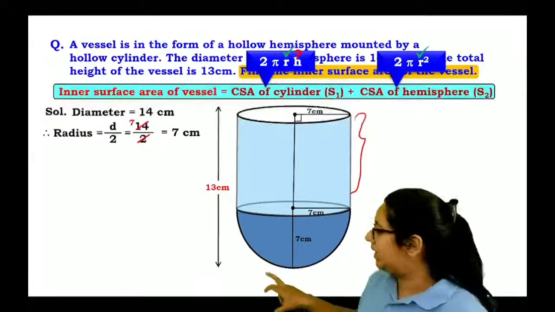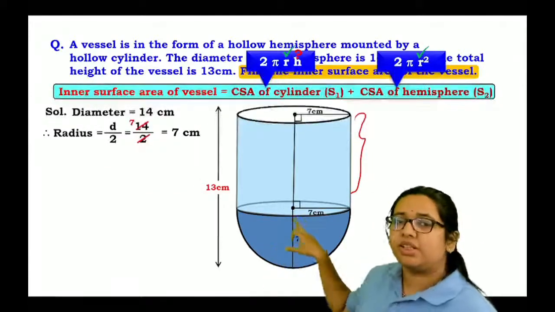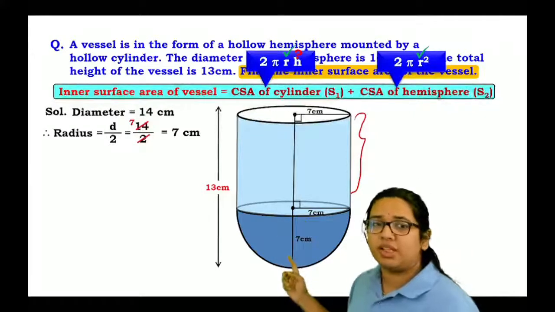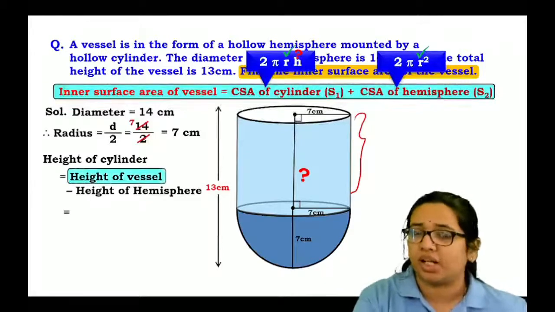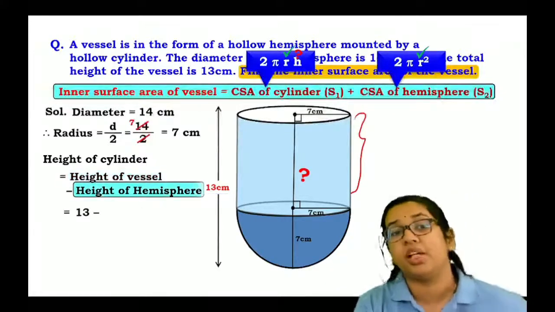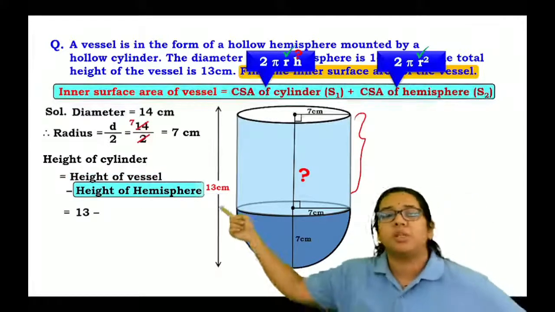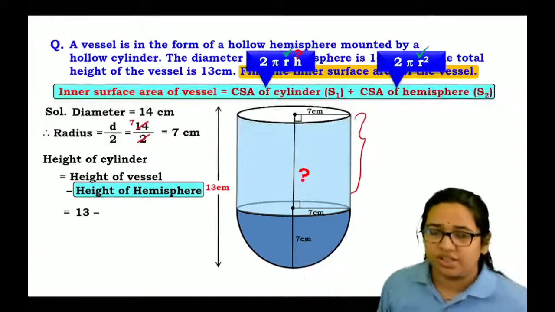So obviously if radius is 7, then the height of this will be 7 again. Hence height of the cylinder is nothing but height of the vessel minus height of the hemisphere. But height of the hemisphere is nothing but we have to consider radius for it.